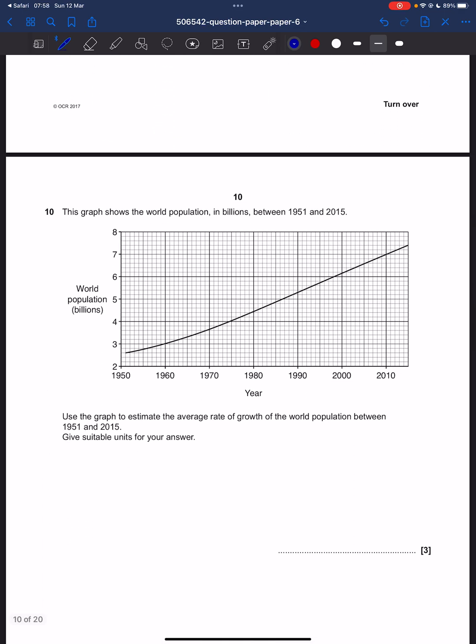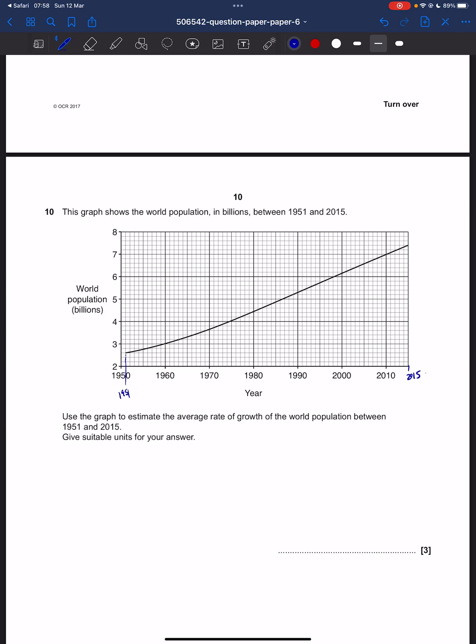Number 10. The graph shows the world population in billions between 1951 and 2015. That's 1951. There's 2015. Use your graph to estimate the average rate of growth of the world population between 1951 and 2015.